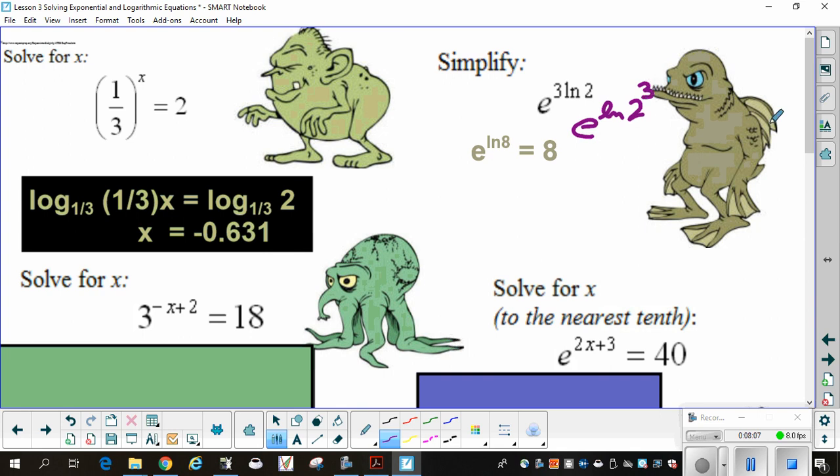Recall the properties of logarithms. Okay, then that means I have e to the natural log of 8. E raised to a power and the natural log, which is the log base e, those are inverses of one another, and so you're just left with the 8. This is one that you could solve no calculator.